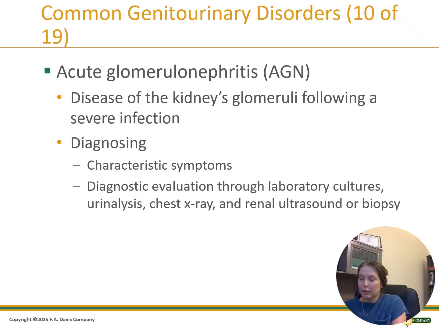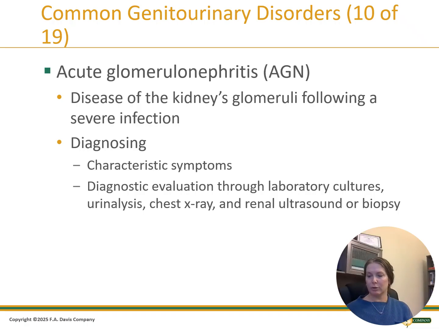So the immune response from this infection damages the glomeruli, leading them to become inflamed and less effective at filtering blood. Our characteristic symptoms that we're going to see is the tea-colored urine, or sometimes called Coke-colored urine.